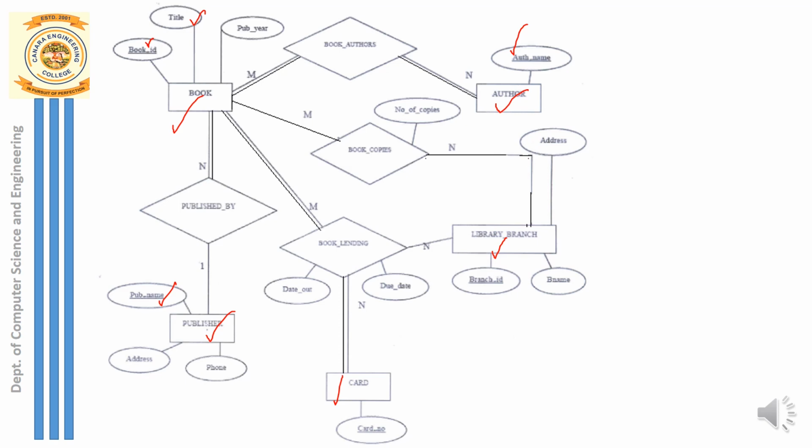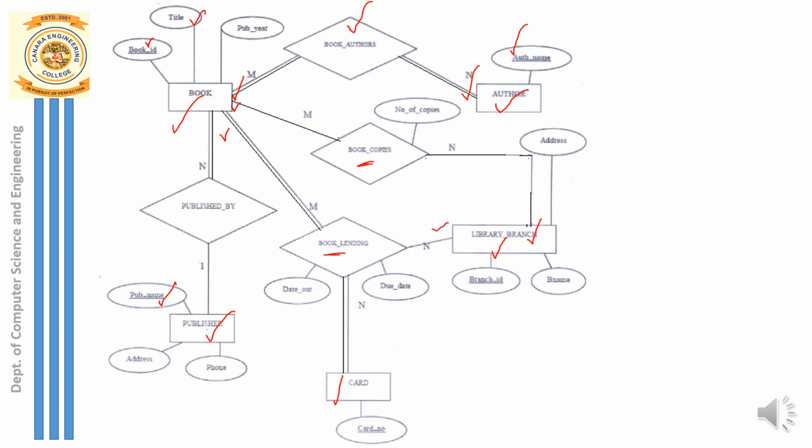Okay, so here you can see a diamond shape, or the rhombus, which is used to indicate the relationship. Book authors is a relationship between the two entities, that is book and author. Similarly, book copies is a relationship which relates the book table and the library table. Book lending is a relationship which relates the book table and the library table again.